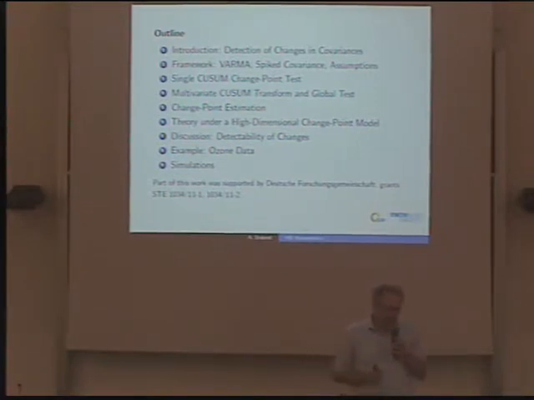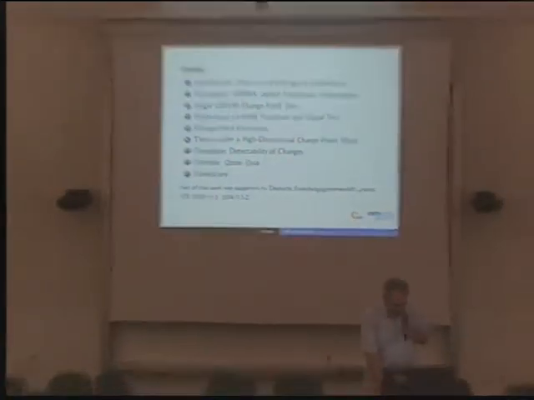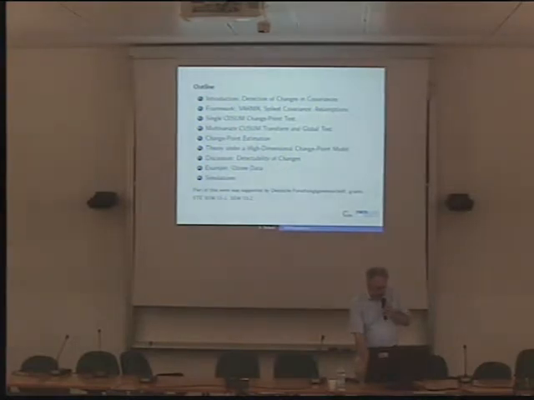Then I will present the change point test, first for a single CUSUM statistic and then also for a multivariate version. I will discuss the theory and perhaps some simulation example in case there is enough time.